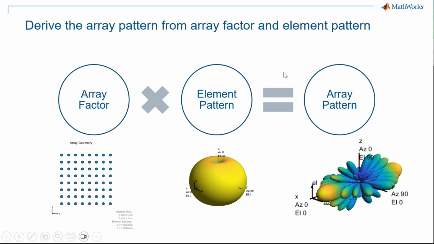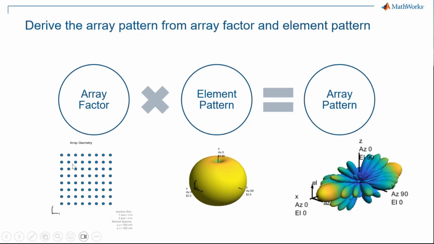So the first tool I'm talking about is the phased array toolbox. It is using a simple approach, meaning that I define the radiation pattern for each of my elements, and I do the combination so that I can get the pattern. So I'm not taking into account mutual coupling. I'm not taking into account what happens here compared to what happens here.